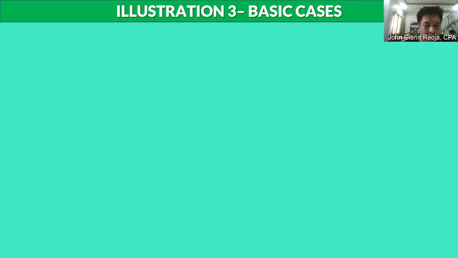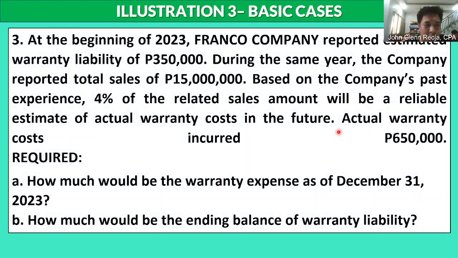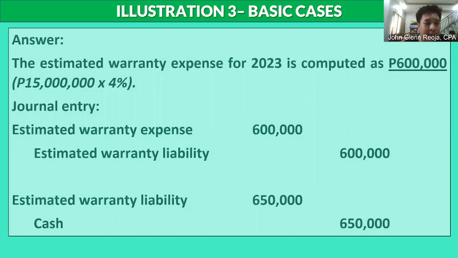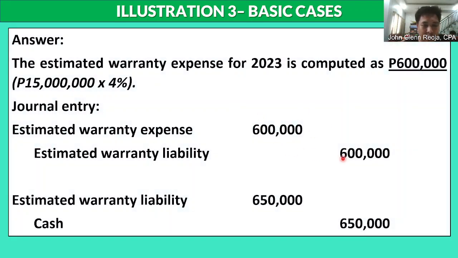Then, during the payment, the actual warranty cost incurred is 650,000. The estimate is only 600, but what they paid is 650,000. So, debit estimated warranty liability, 650,000. And then we credit cash.